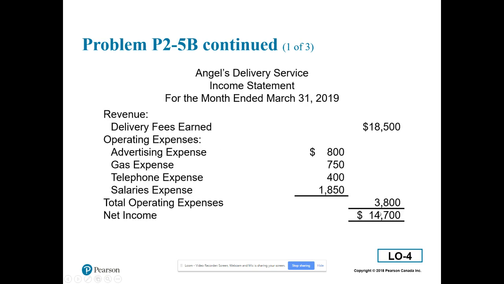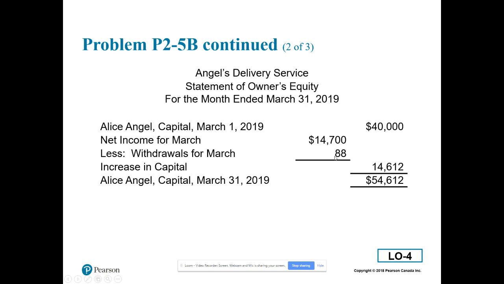So the net income comes from here. And then she had withdrawals, which were on the T accounts, to give an overall increase in capital and then the ending balance. But in this example, it says, here's the 40,000, the first entry. Here's the income less the withdrawals, net increase, Alice Angel's capital, March 31st.